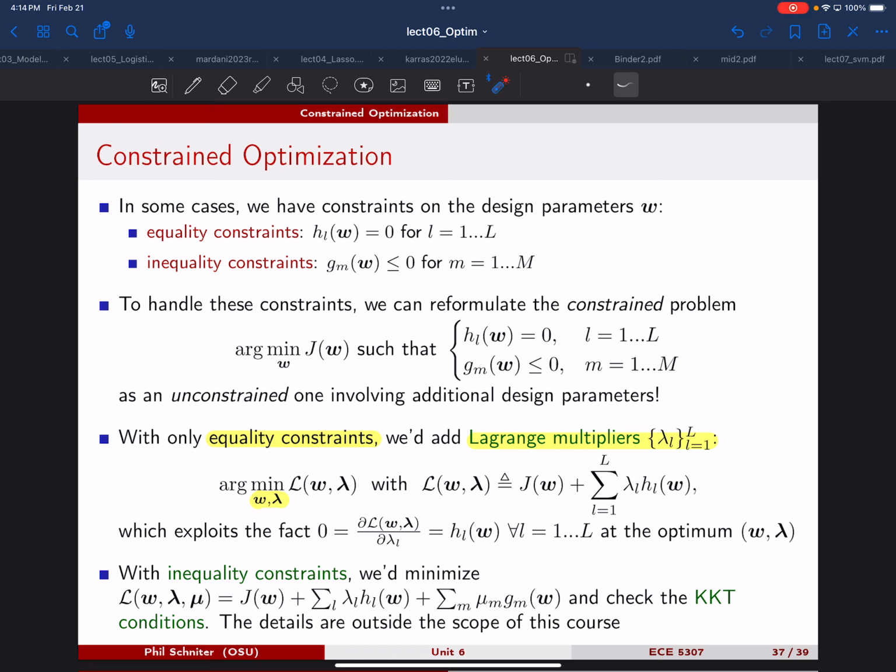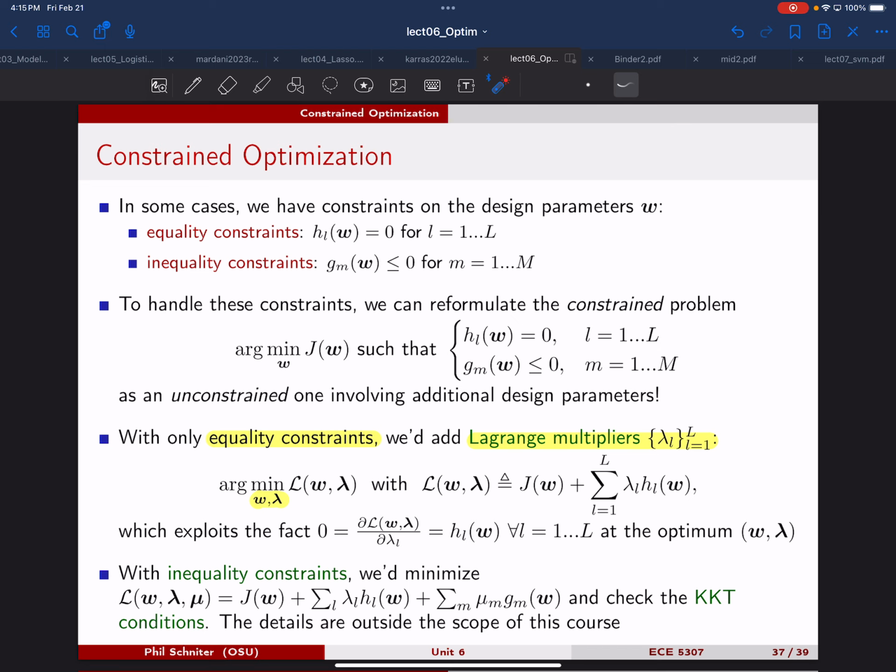Okay. What happens when you have inequality constraints is very similar but a little bit more complicated. So basically you now add some parameters for the equality constraints just like before, and now we add a new set of parameters, mu, for those inequality constraints. But it's a little bit more complicated in terms of how to do the optimization. You have to check some particular conditions called the KKT conditions.